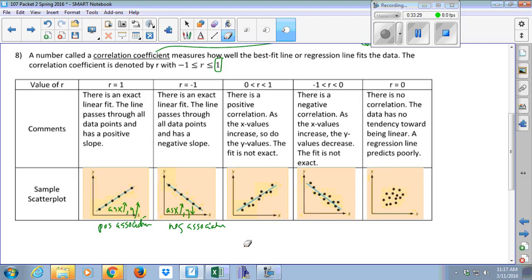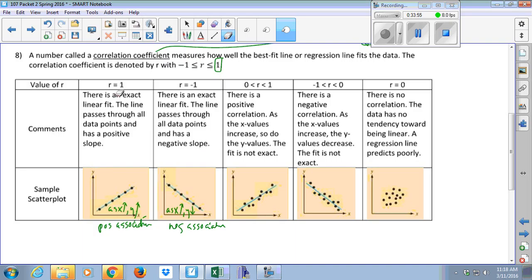To have a correlation equal to 0, you would never try to fit a straight line through it, because I could draw a straight line through that in any direction I wanted. This would be an example. This scatter plot, that's what these are called, scatter plots, of data that would have a correlation very close to 0. And so you can't find any straight line that would be a possible estimate or predictor for that data.